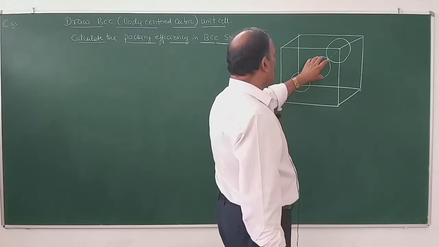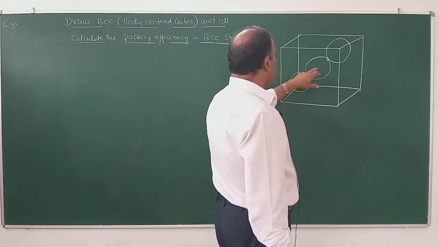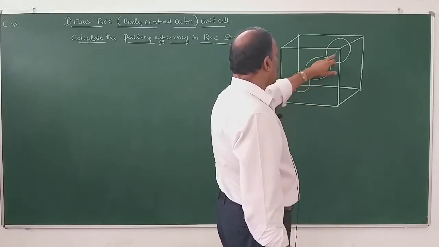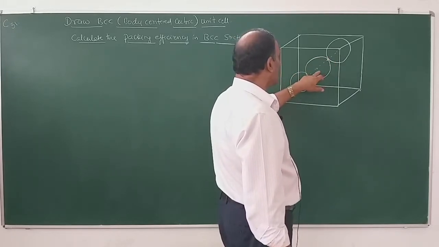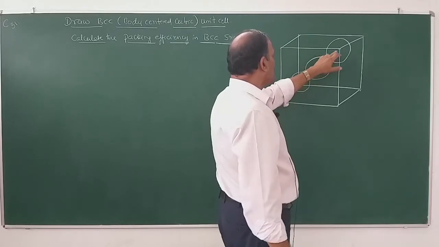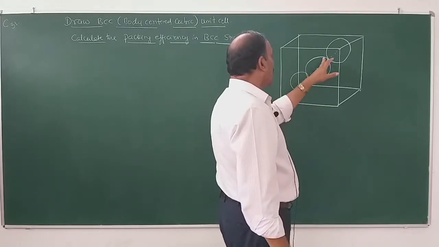These 3 particles, 2 corner particles and 1 body centered particle, are touching each other diagonally along the body.